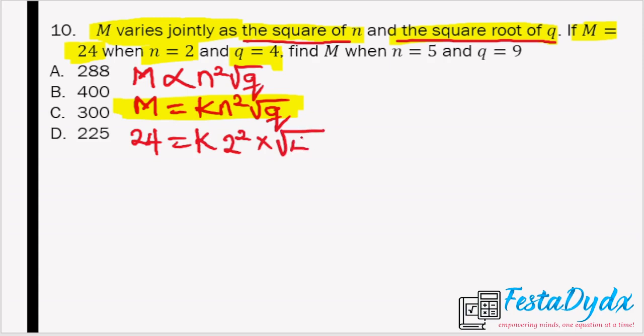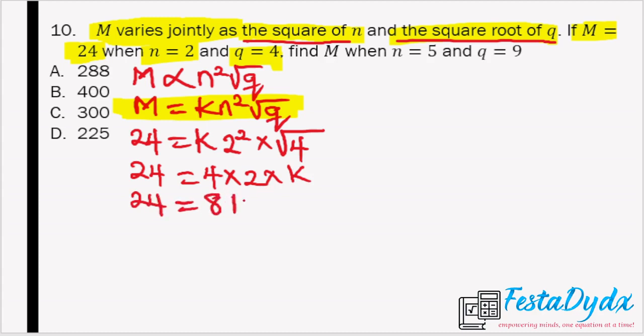Q there is 4, so the square root of 4. Now we'll have 24 equal to 2 square is 4 times square root of 4 is 2, and then we'll have our constant k. So this is 24 equal to 4 times 2 is 8 times k, which is 8k.